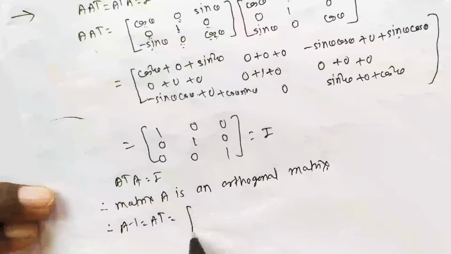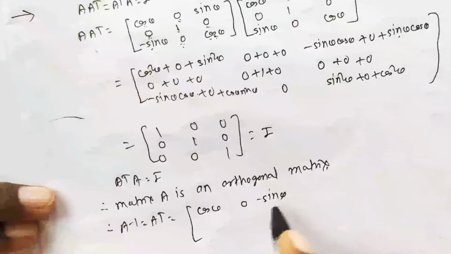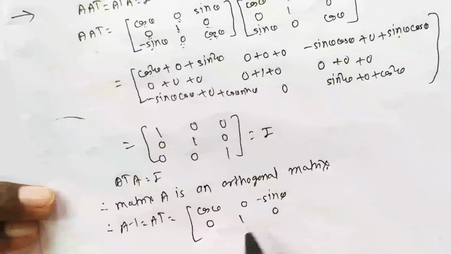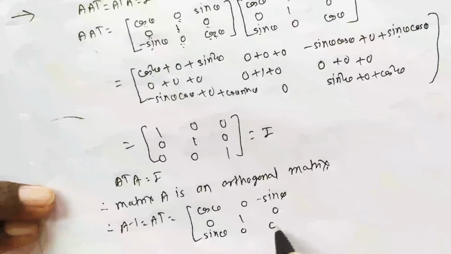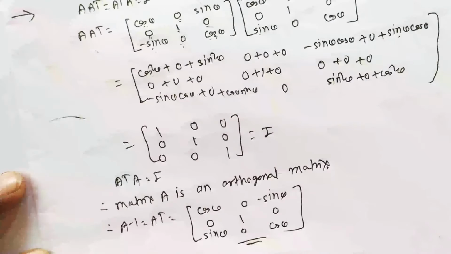And what is the transpose of the given matrix? That is cos theta 0 minus sin theta, then 0 1 0, and sin theta 0 cos theta. So this is the inverse of the given matrix, because that matrix is an orthogonal matrix. This is given in the problem.